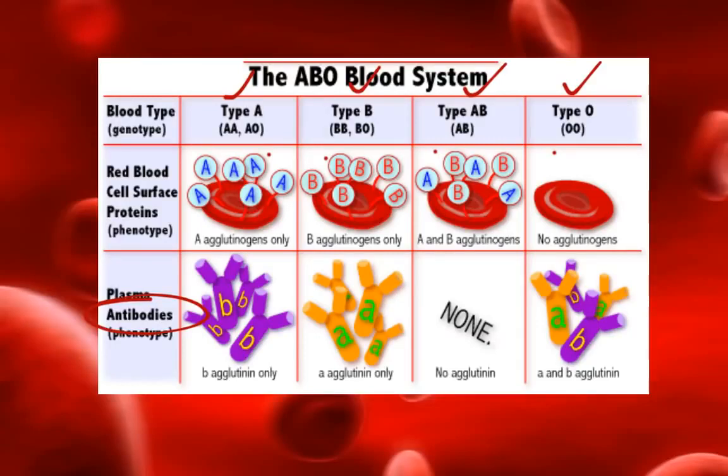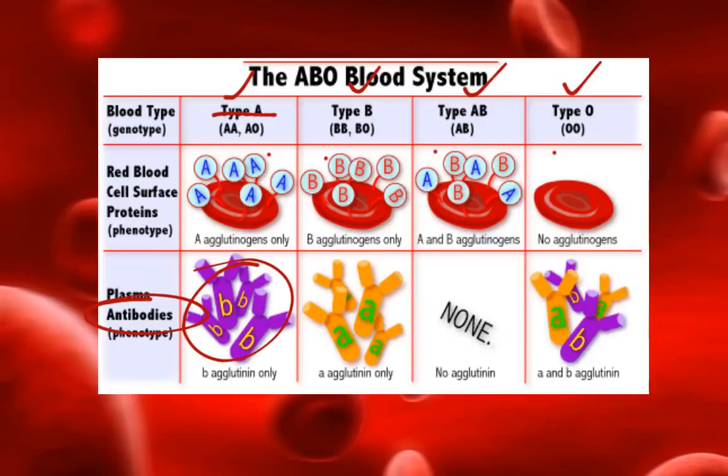So if you are a person with type A blood and you are given, say, in a blood transfusion, maybe you were in a car accident or have a surgery and lost a lot of blood, and they accidentally give you type B blood, then the B antibodies in your body would begin to fight that off. You would not recognize that B blood, and it could make you very sick.